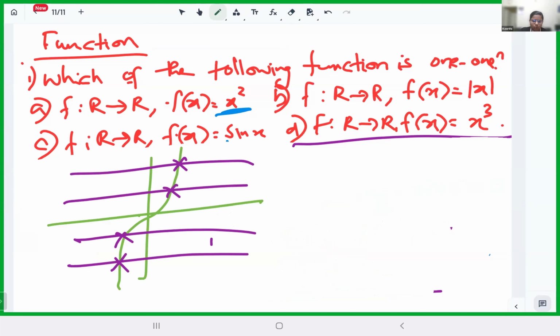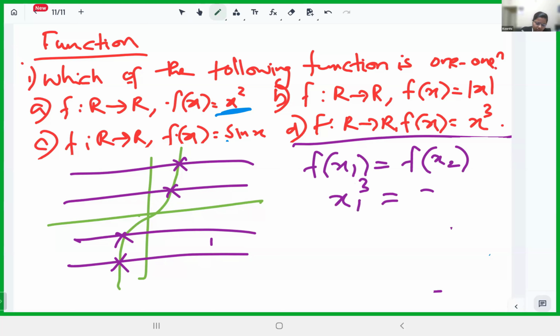And for those who don't know how to draw a graph, we'll check with the definition. That is, if f of x1 is equal to f of x2, what can you say from this? x1 cube equal to x2 cube.